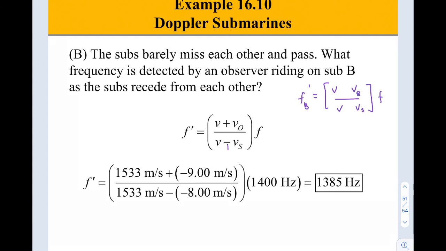So here is going to be VB, and here is going to be VA as our source, so F from A as our source. Both of them are moving away. The observer is moving away, so negative sign. And then the source is moving away as well, positive sign. So don't look at this, look at this one.